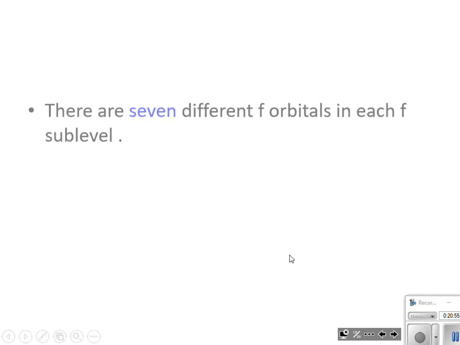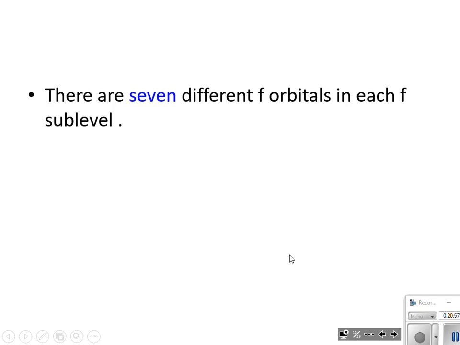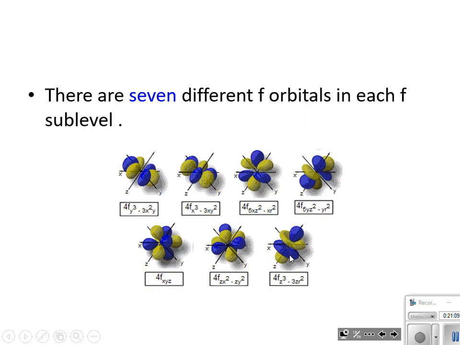We said that there were 7 different f orbitals. And if you remember, I told you that the f is very complex. Well, here's the picture of the 7 f orbitals.